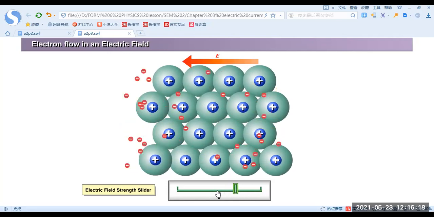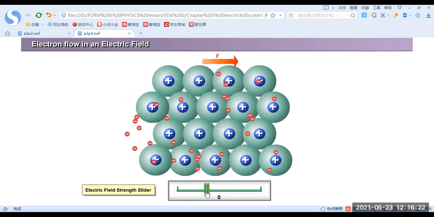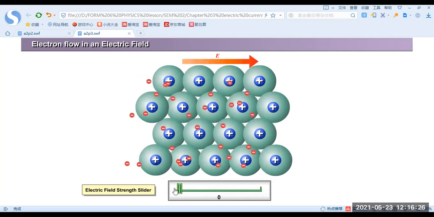If the electric field is in the opposite direction, note that the electric field is always from positive to negative. Positive out, negative in. So now the positive will be this side and the negative will be this side.